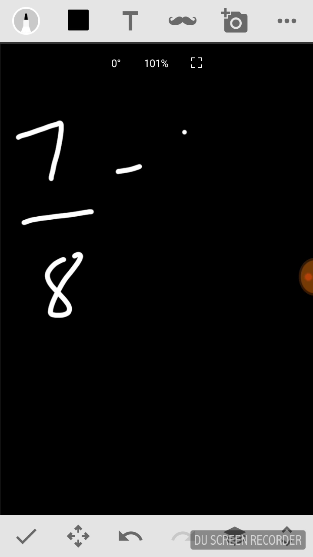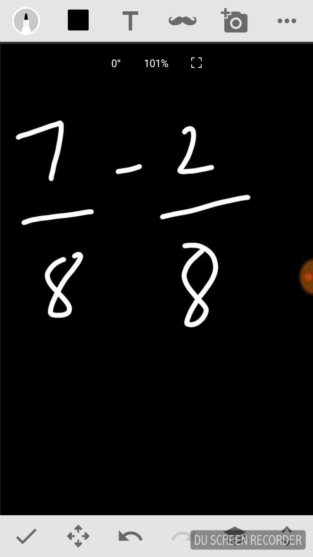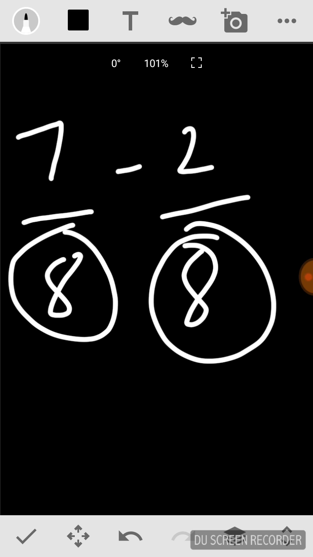So the same rule you have to apply in every case. Even if it is 7 by 8 subtracted by 2 by 8. But I will just tell you one important thing. For unlike fractions, we have to pause there, because there you will make the most mistakes. People make a lot of mistakes in that only. First let's understand this.